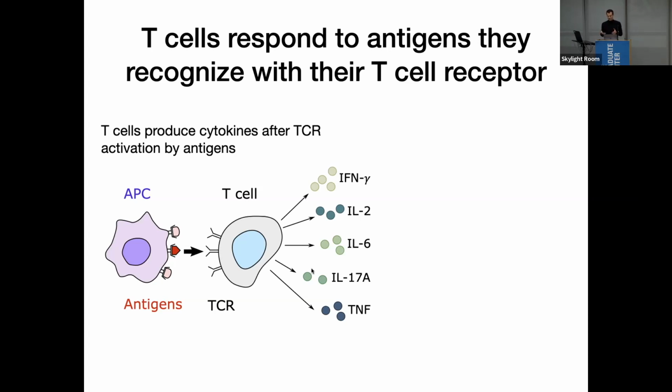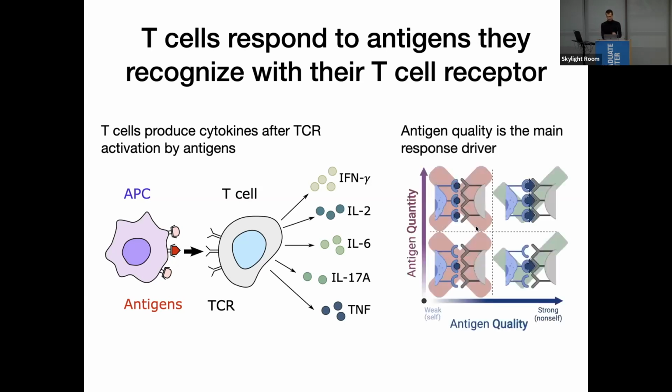When a T cell scans the surface of another cell, if it encounters the antigen to which it is cognate, this will trigger a series of reactions in the T cell, and it will detect it by a slight difference in binding time between the T cell receptor and the antigen, a factor of 2 or 3 times the affinity, and that's enough to really trigger proliferation of the T cell, production of cytokines, the activation of effector functions to kill infected cells, and so on.